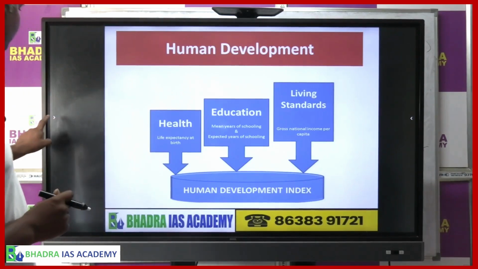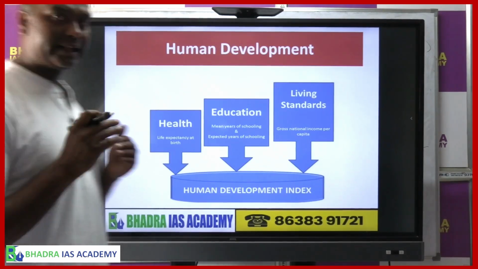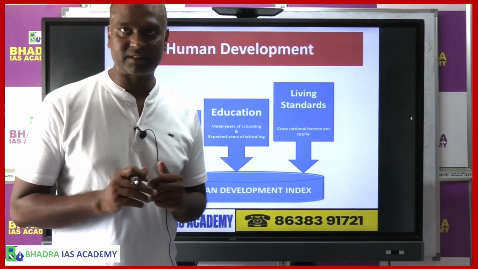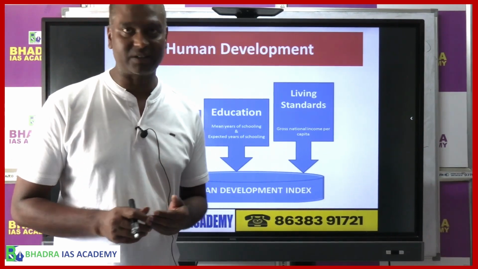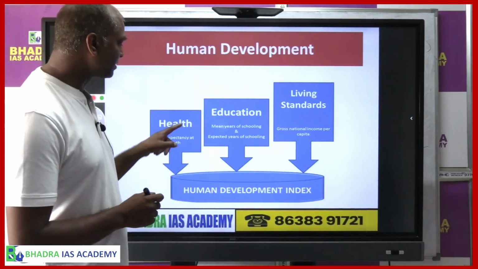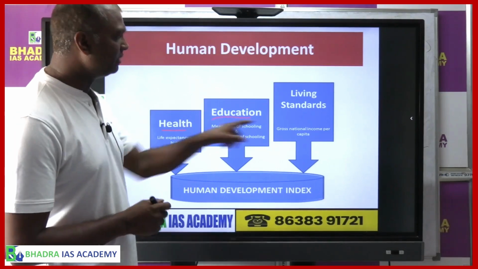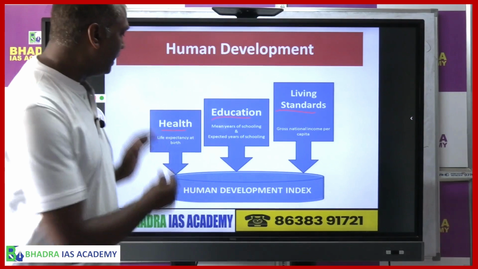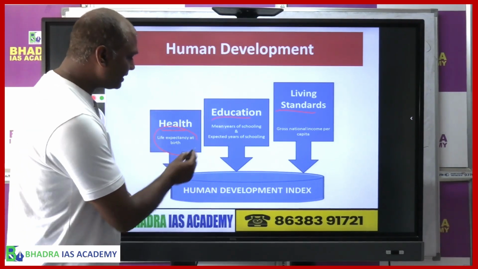Now the Human Development Report depends on 3 dimensions and 4 indicators. This can also be asked in the exam. We have 3 dimensions: health, education and standard of living. For health, we look at life expectancy at birth.